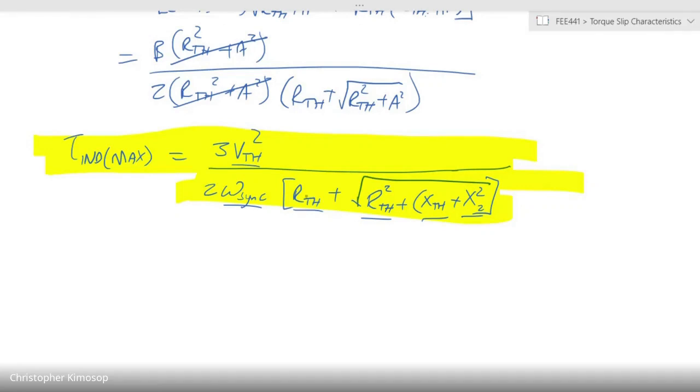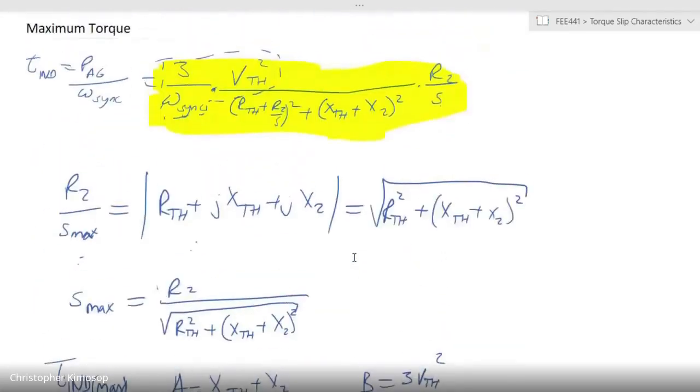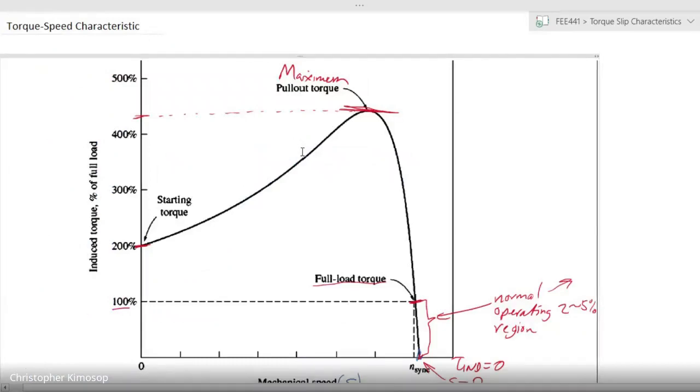So by using this expression, we have been able to take out the variables that were there, and we are able to determine what is the maximum torque that our motor can create, beyond which it will not be able to run. Remember, we said that when we have the maximum torque, it is called pull-out torque.